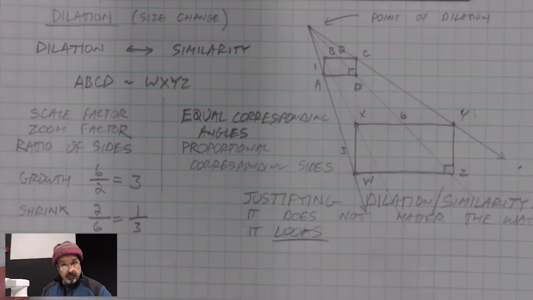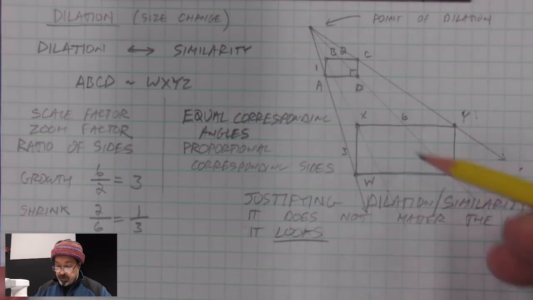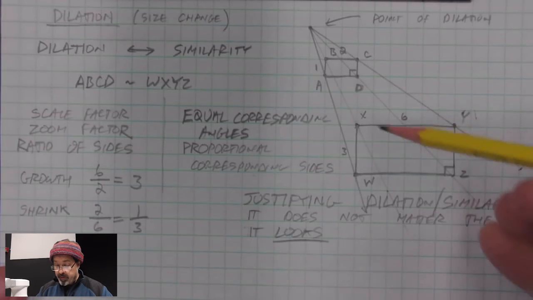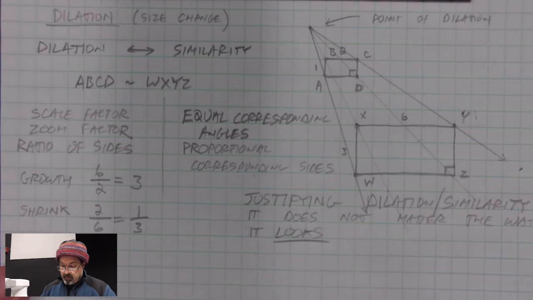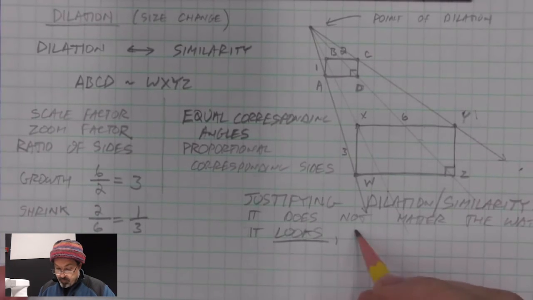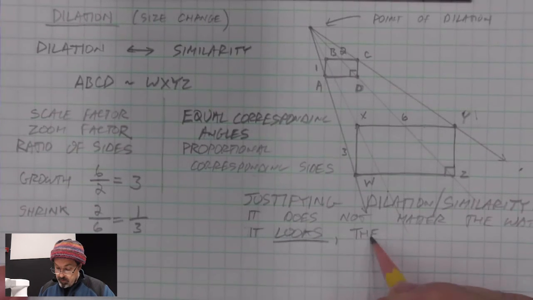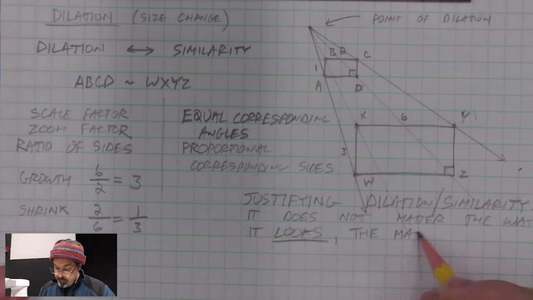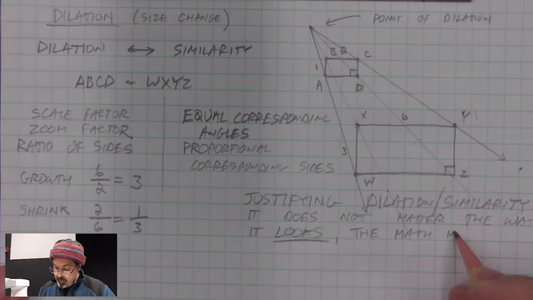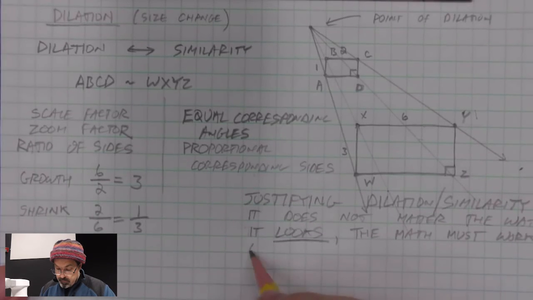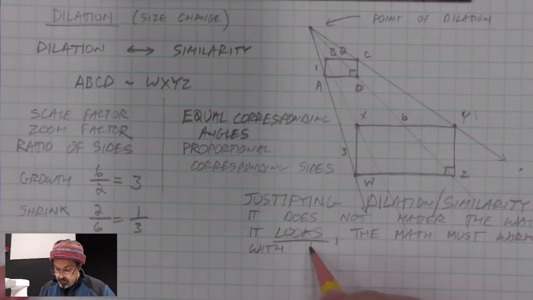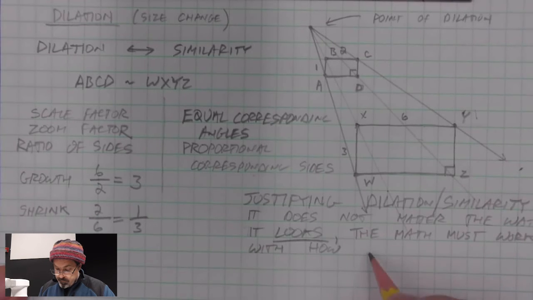Don't trust your eyes. Just because two shapes look the same, maybe you have rays, maybe there's a point there, don't assume it's a dilation. What you have to go for is the math. The math must work with how the diagram is labeled.